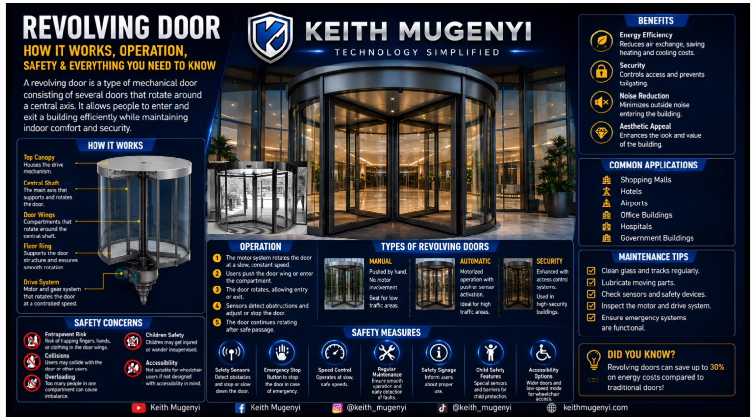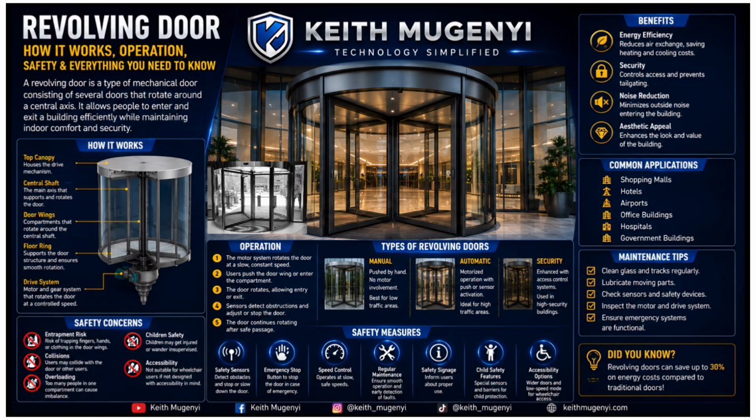Third, compartment entry: the user enters a section between the glass wings. Fourth, smooth movement: the compartment rotates until the person reaches the opposite side. Then fifth, the user exits safely while another person can enter from the opposite side. This helps the building remain mostly sealed throughout the process.